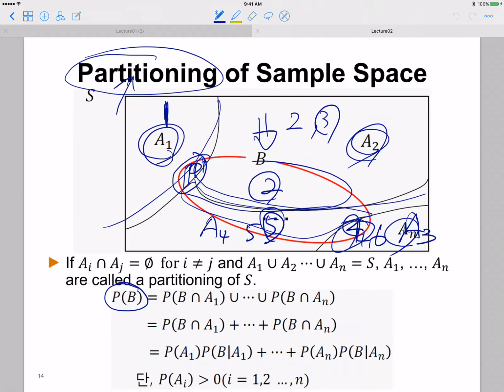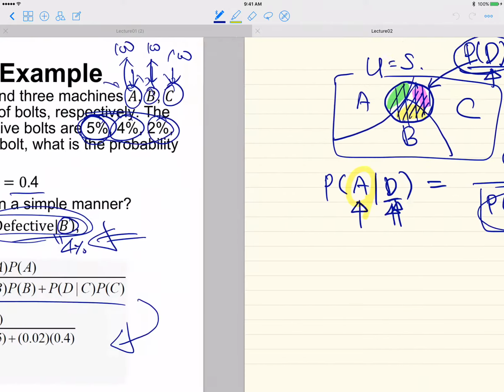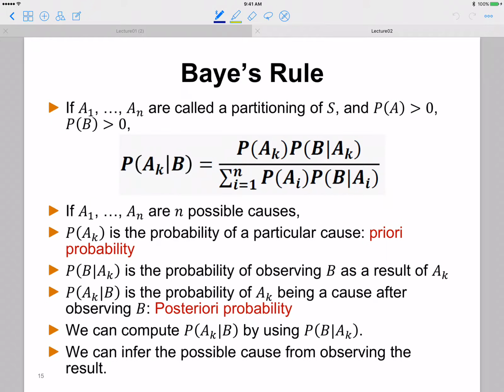Okay, so now let's study the formula based on this example. The situation is as follows: A1 through AN are partitioning. We already studied the requirement, so that these are the partitioning of our entire sample space.